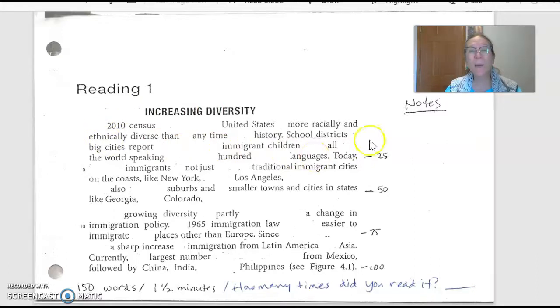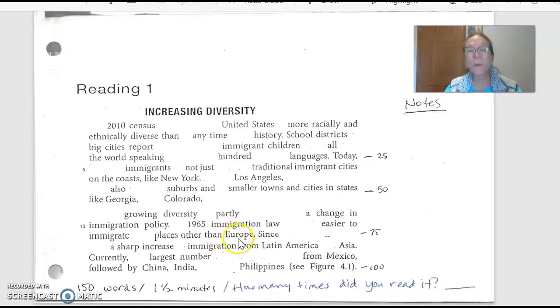Up here, it's about how diverse the United States is. Kids speaking hundreds of languages, immigrant children in schools. This is about where they're moving. They're moving to smaller places, not just big cities. This is about why the immigrant populations have changed. In 1965, they made other places easier to immigrate from.